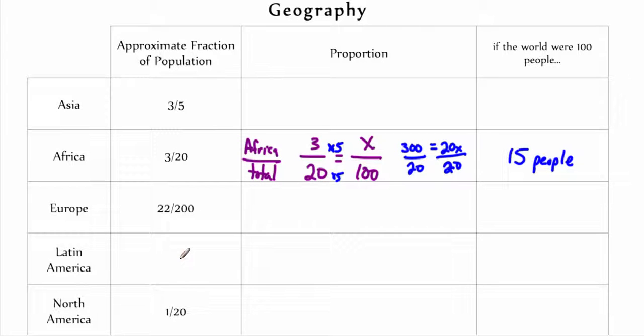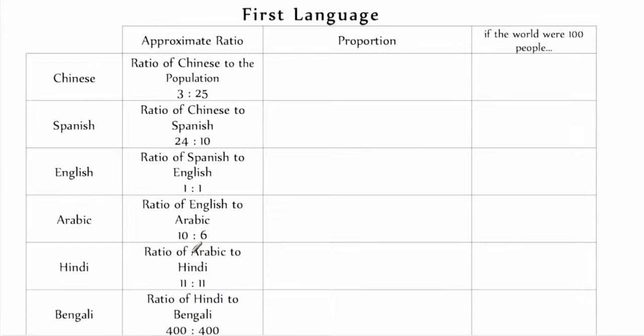Here you'll notice that they didn't tell us Latin America, so you're going to have to do a little bit of math. Add up all the fractions you know, figure out what fraction am I missing to get back to one whole world. So let's try one more here. This one says the ratio of Chinese to the population is 3:25.